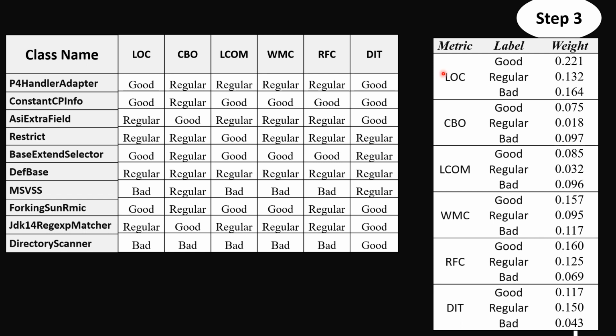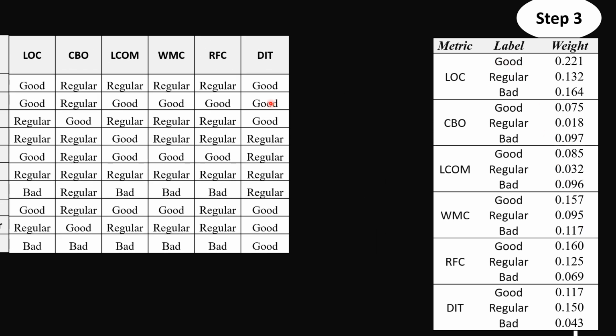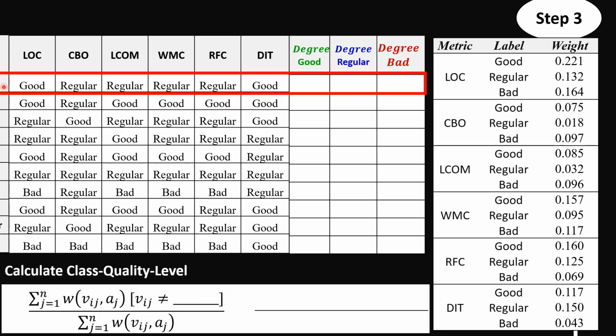In the third step, we will use the table on the right side to calculate the class level quality. The table contains the weights that show the impact of each label in each metric. It can be used as follows. For the first class, we will identify the weights of each quality metric label. We will use the equation below to calculate the degree of the goodness.